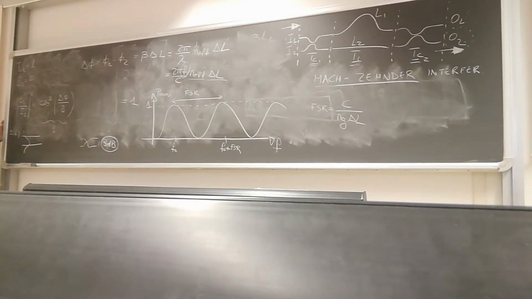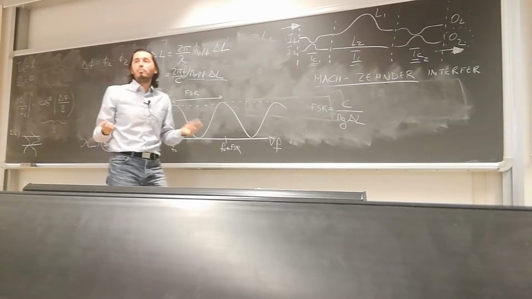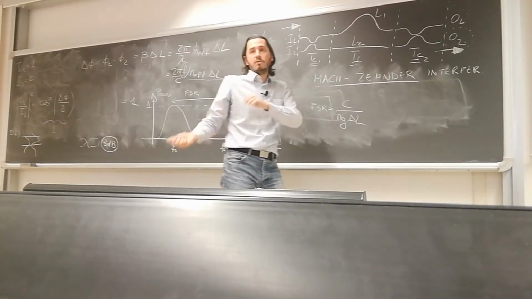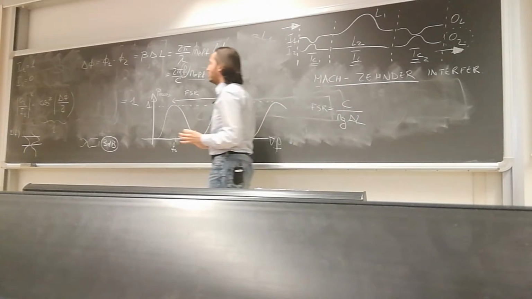If the waveguide is multi-mode and I have another mode, okay, it means that I put the light inside and that the light inside can propagate on the first, on the second, on both. Okay? And is it a problem here?